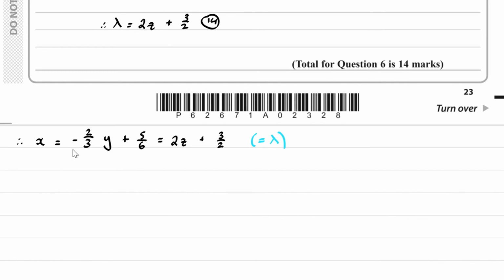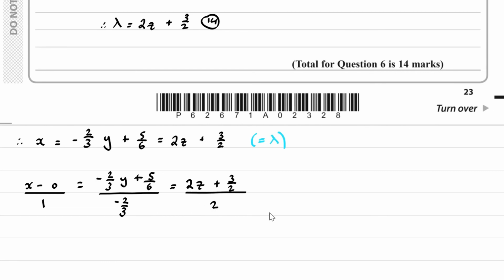Here we're going to rewrite this as x minus 0 over 1 equals minus 2 over 3 y plus 5 over 6, and to get the y by itself, I need to divide everything by minus 2 over 3, and this is equal to 2z plus 3 over 2, and I'm going to divide this entire thing by 2 to get the z by itself.